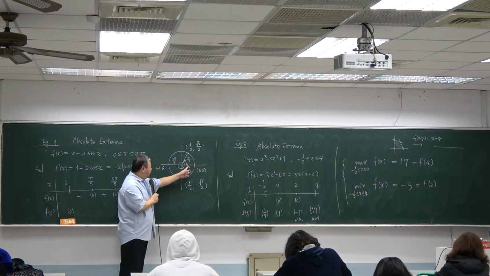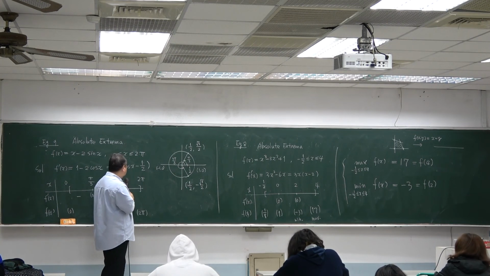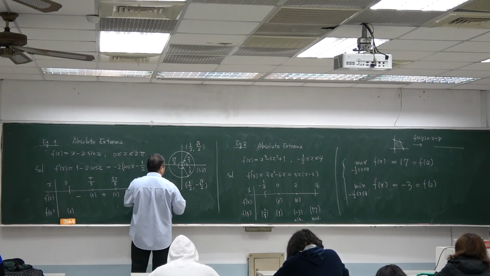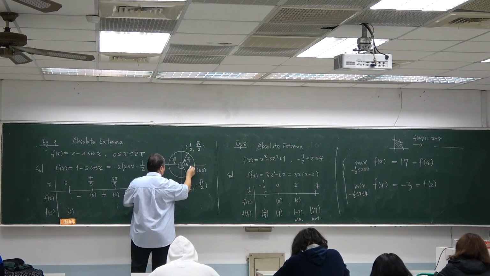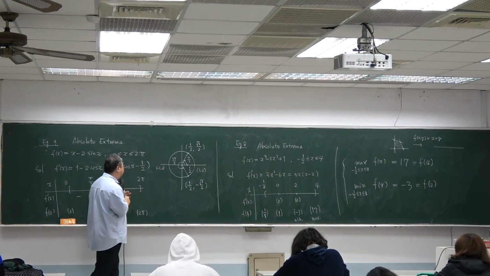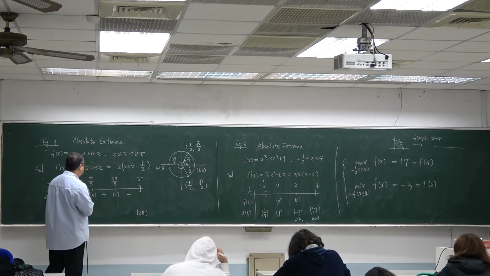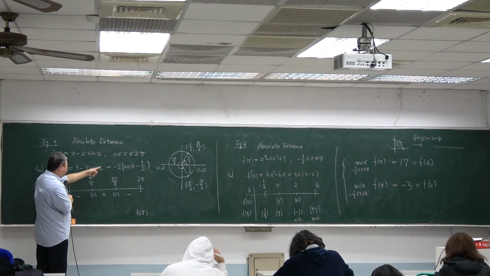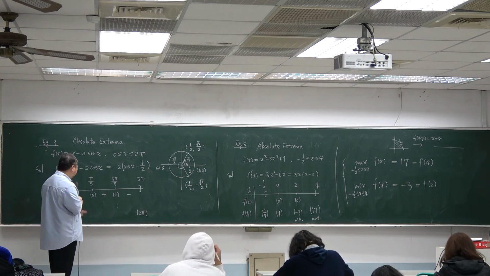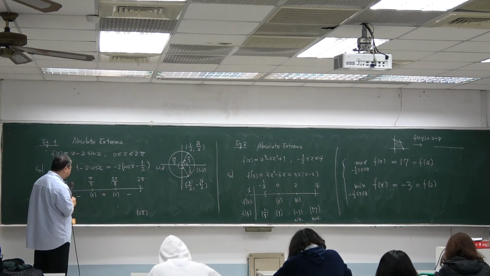Finally, on this interval, if x is greater than 5 pi over 3, then cosine is greater than 1/2, positive minus, is negative. So the critical numbers of this function on this set are pi over 3 and 5 pi over 3. Okay.